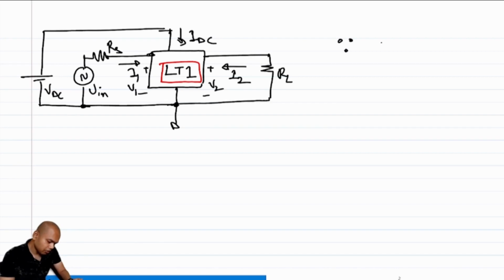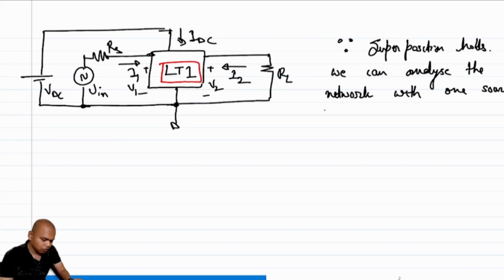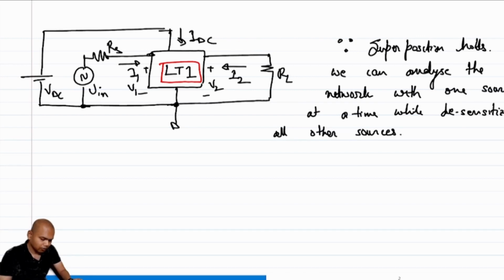Since superposition holds, we can analyze the network with one source at a time while desensitizing all other sources. So this is crucial.